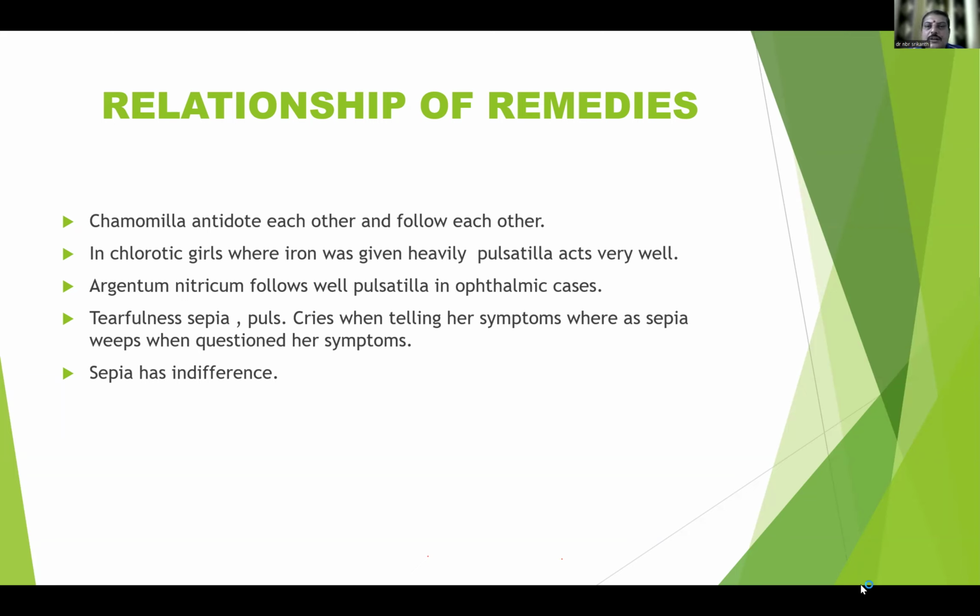All these wonderful remedies will help you to boost the iron in these chlorotic individuals. And the iron which was taken by the patient will get assimilated after your homeopathic drug.